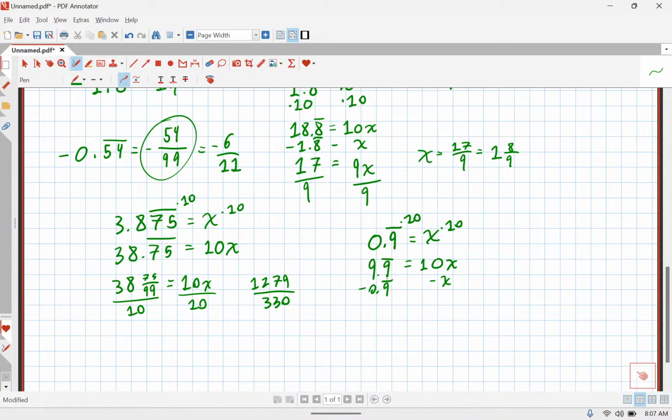So what happens to all those 9s? Gone, which means 9 equals 9x. Divide both sides by 9. And what's 9 divided by 9? You guys, I don't know how to tell you this. 0.9 repeating equals 1. It's not approximately 1. It is 1.